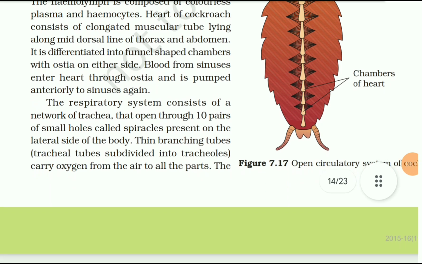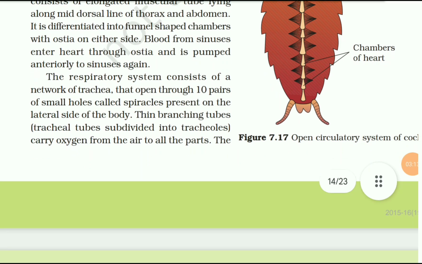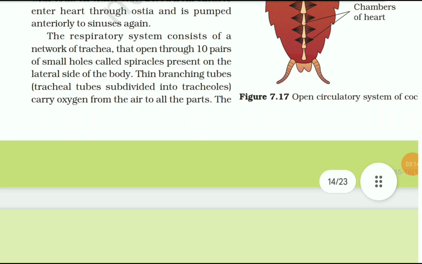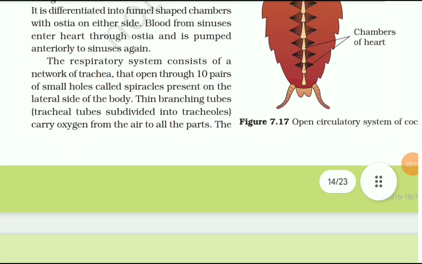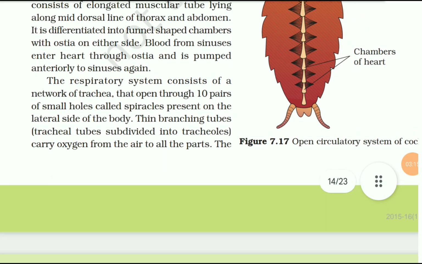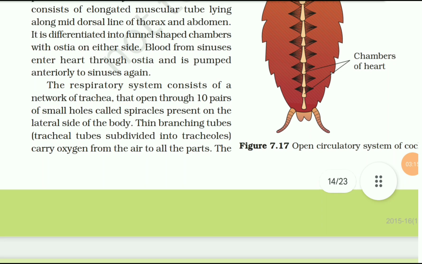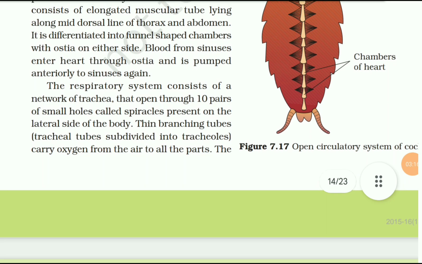The crop is followed by gizzard or proventriculus. It has an outer layer of thick circular muscles and thick inner cuticle forming 6 highly chitinous plates called teeth. Gizzard helps in grinding the food particles.